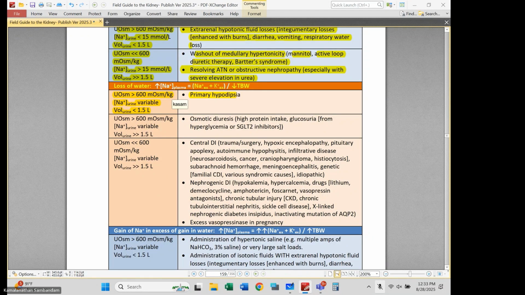The urine sodium is going to be variable, because let's suppose a hypodipsic patient was also not eating much salt in their diet. They could reasonably have a relatively low urine sodium, right? It's all just what is their circulating volume.